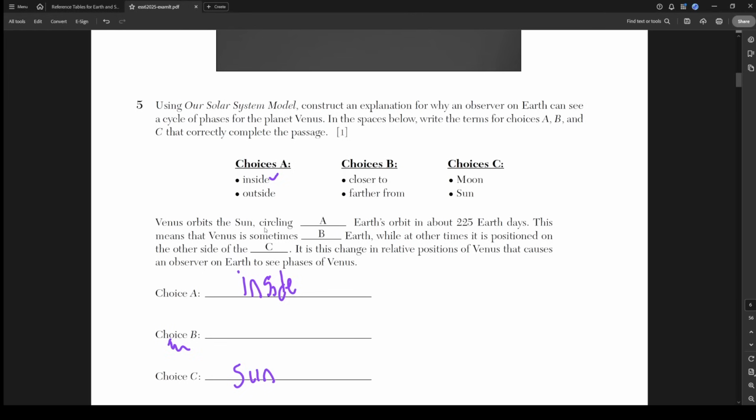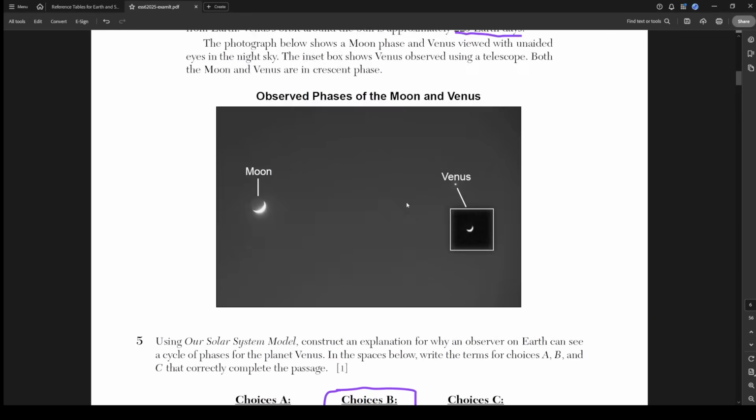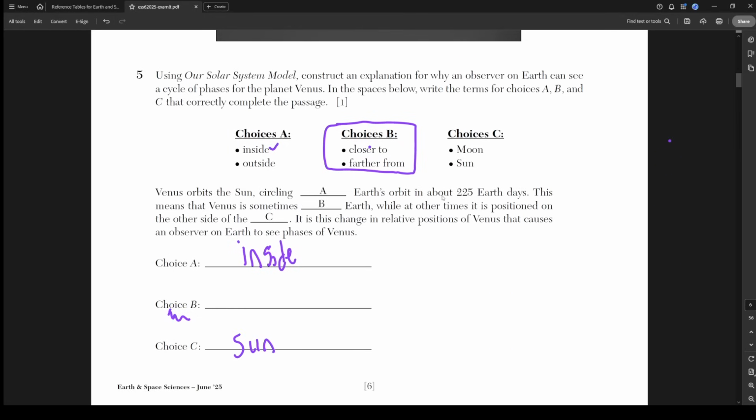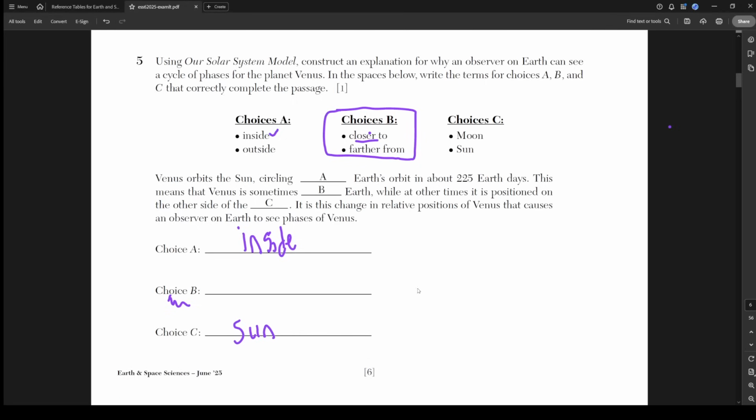Venus orbits the sun circling inside the orbit in about 225 Earth days. This means that Venus is sometimes blank Earth. Well, wouldn't it be both? Because it's an elliptical orbit, wouldn't it be closer sometimes and farther sometimes? That's what I'm wondering. All right, so after finding out a little bit more about this, because I paused and looked at this closer, this is referring to the side of the sun that Venus would be on.